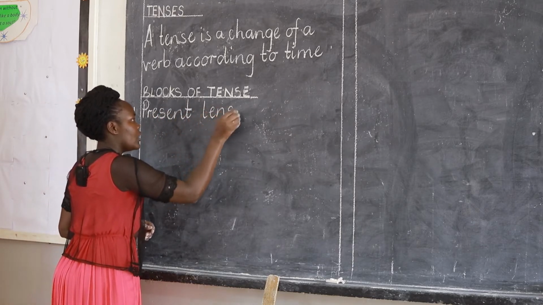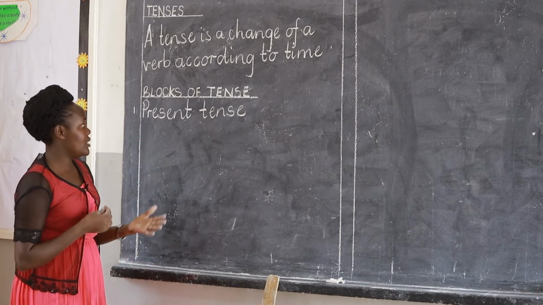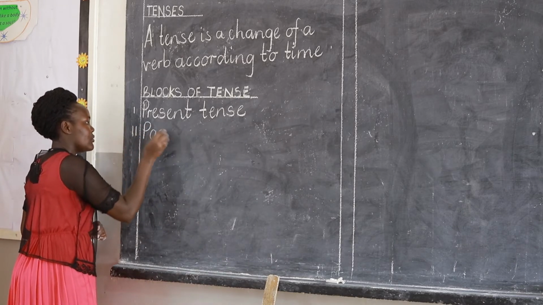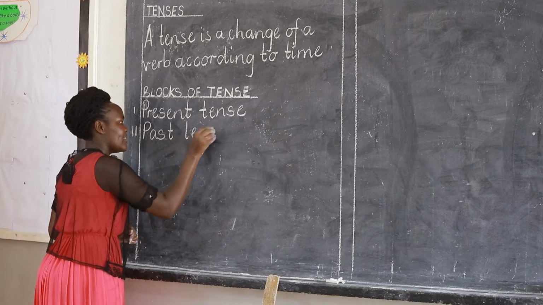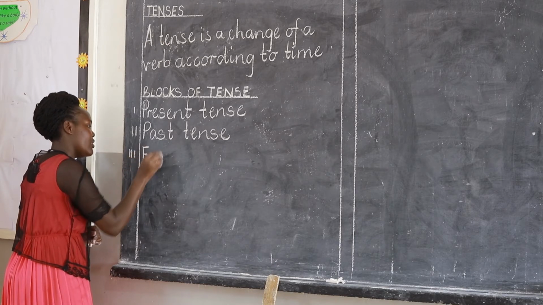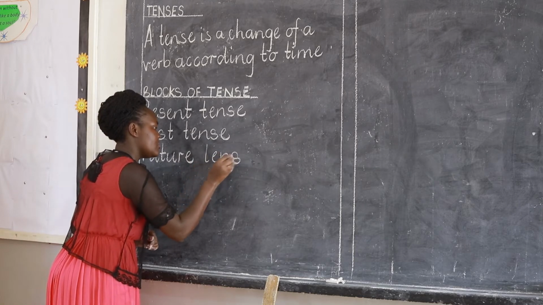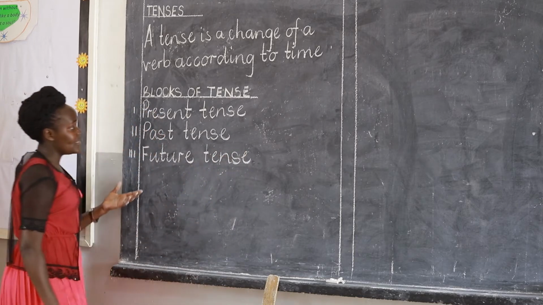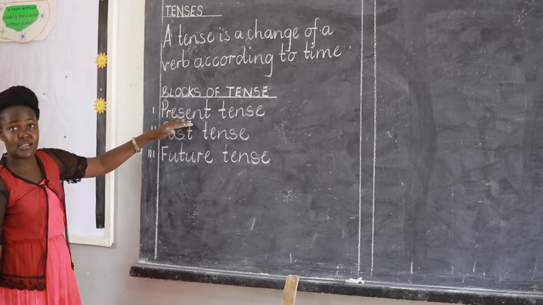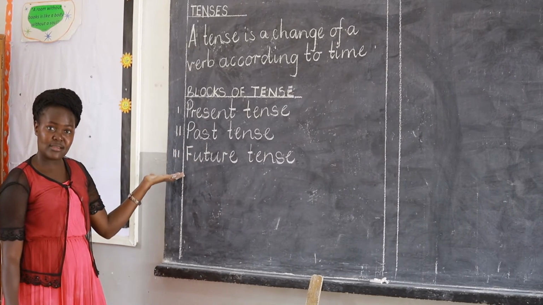This is the first block, or this is how we are going to look at our change of verbs according to time. The second one is past tense. And thirdly, future tense. So these are the tenses we are going to look at. We have present tense, past tense, and future tense.